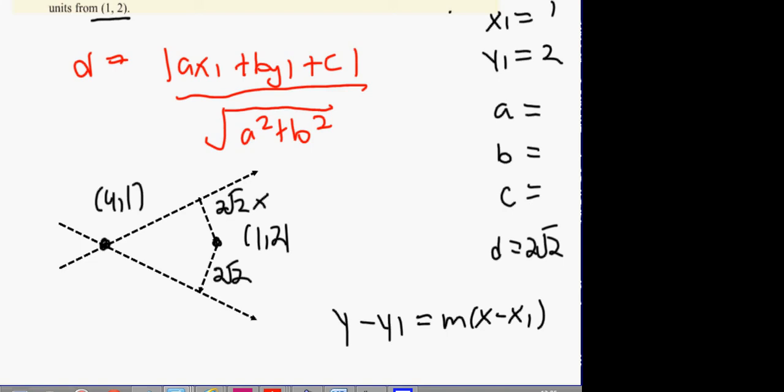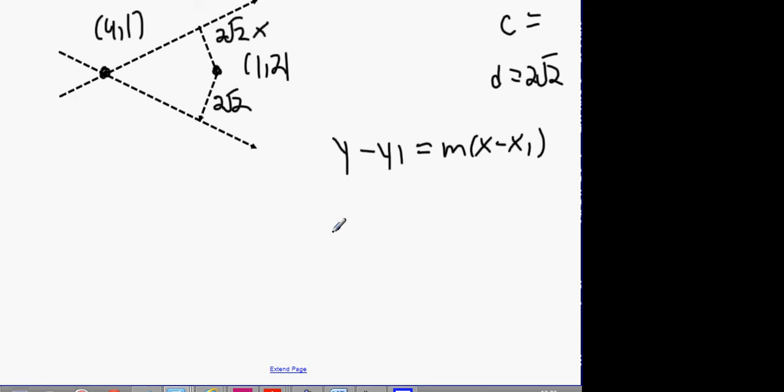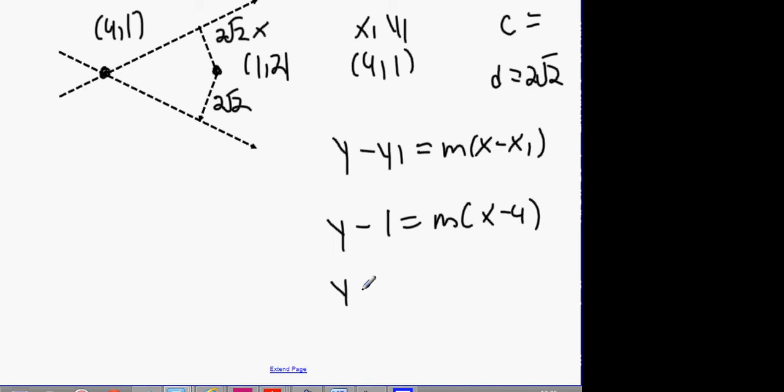No. Do we know a point on these lines? Yeah. What is the point? x1 and y1, so y1 is 1. Leave m the way it is, and then that's going to be x minus 4. Multiply it out: y minus 1 equals mx minus 4m.